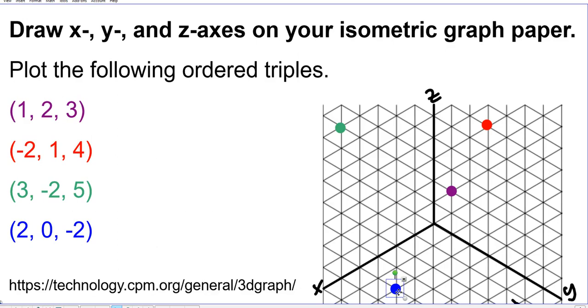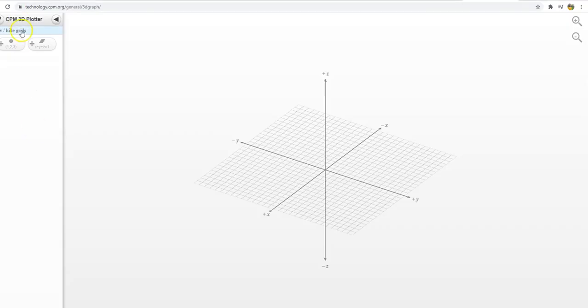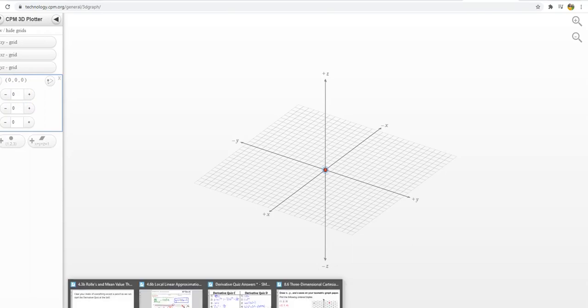Okay, so let's take a look at a simulation here. So let's plot one of those points. Let's do the second one, negative 2, 1, 4.